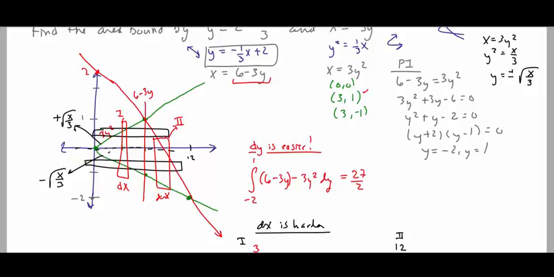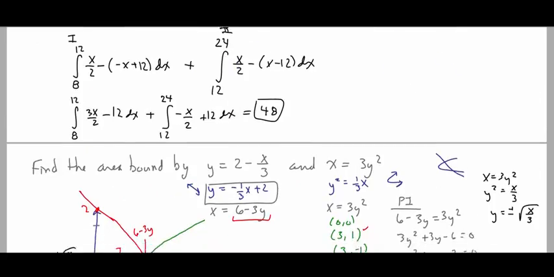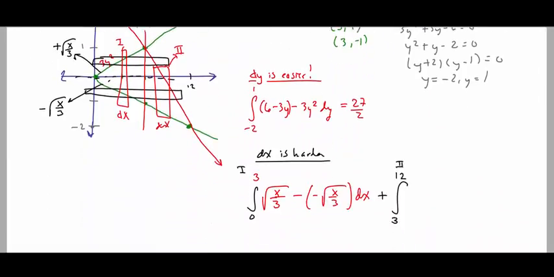Then I need my upper and my lower. My upper curve would be the line, and so that's 2 minus x over 3. Now if you notice, everything here is in terms of x, and my other one, everything had to be in terms of y. So I have my 2 minus x over 3, and then my lower curve is the negative, because it's falling below, root x over 3 dx.